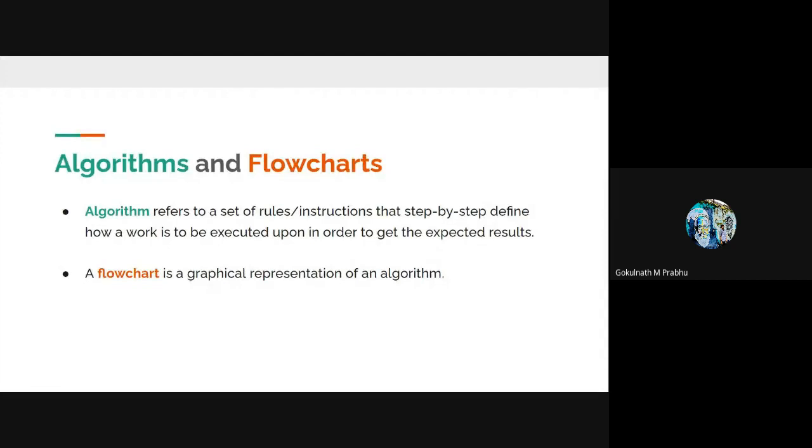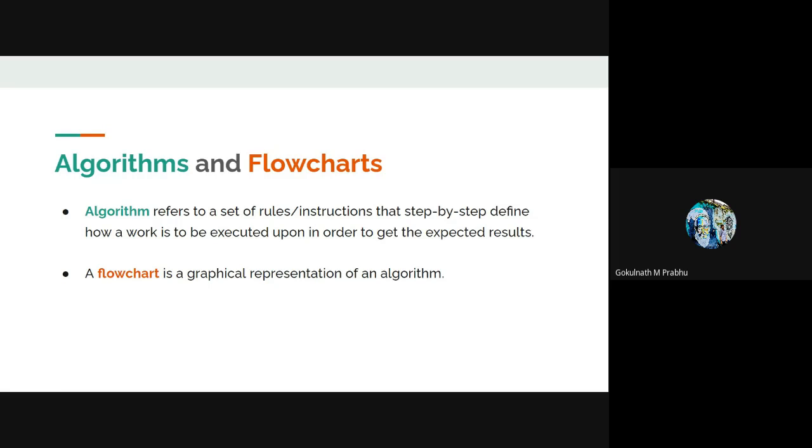Basically, an algorithm is a step-by-step definition of how to work on a problem. That is, it's a set of rules or instructions that we need to carry out in a step-by-step manner so that our goal is achieved, or our problem is solved.